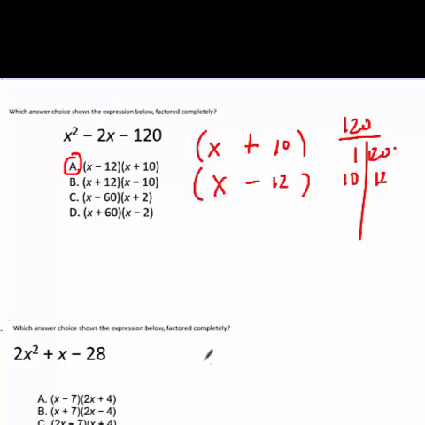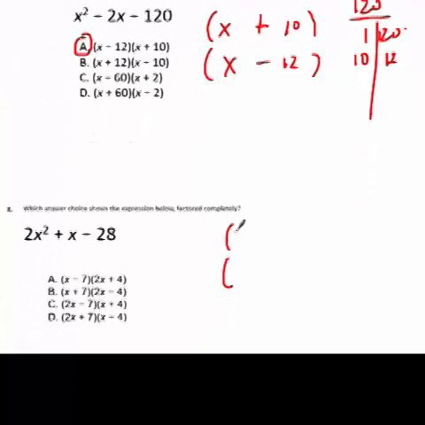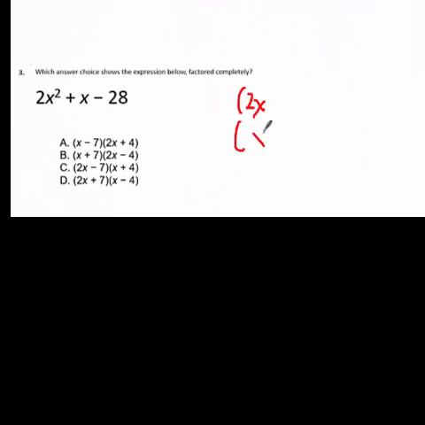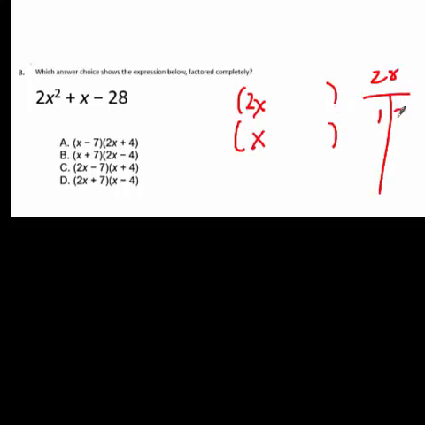All right, for 3, we're also breaking these apart. So I got 2x and x, and then factors of 28: 1 and 28, 2 and 14, 4 and 7. So let's try 4 and 7 maybe. If I cross multiply, that would give me 8 and that would give me 7.